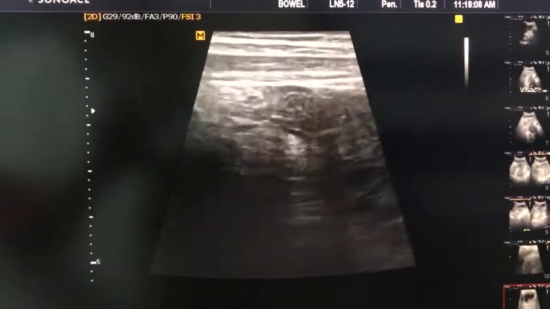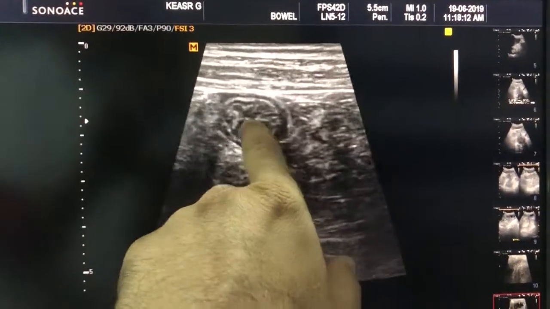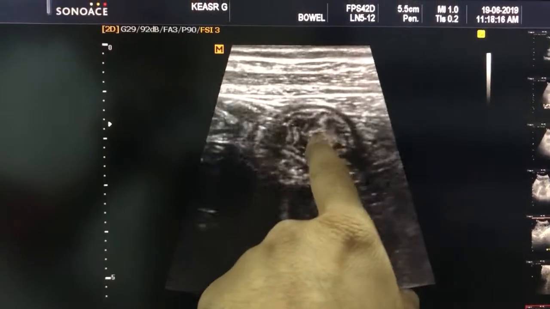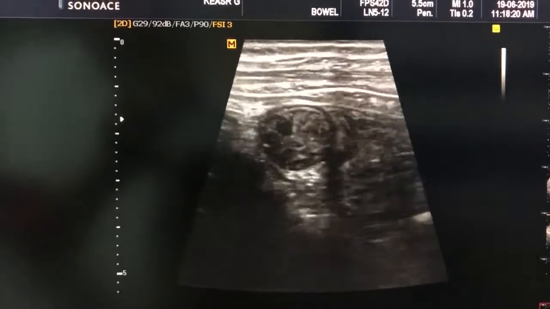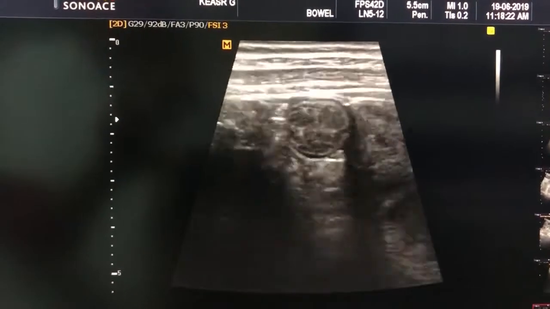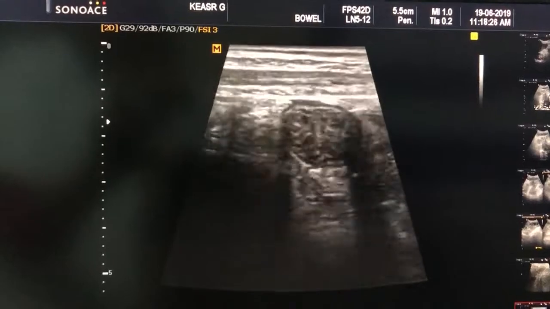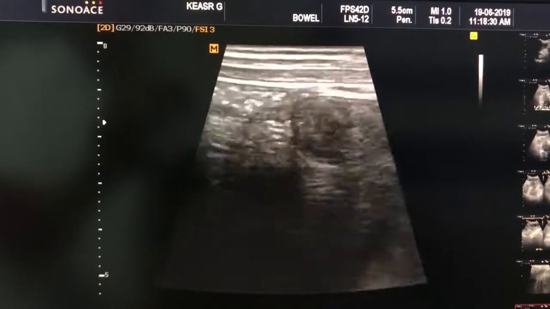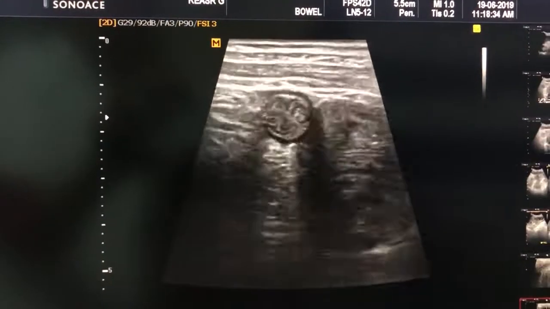When jejunum is also dilated, you will see fluid inside this lumen, and when this type of fluid is present inside the jejunum, it is significant dilatation, because the fluid has almost occupied the whole ileum, and after that it goes further towards the jejunum.